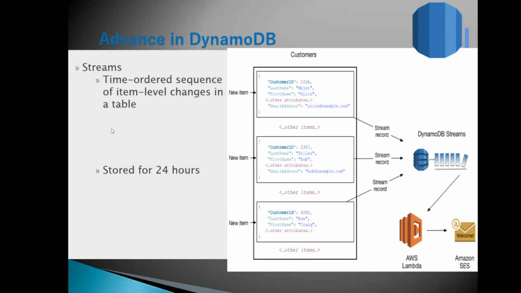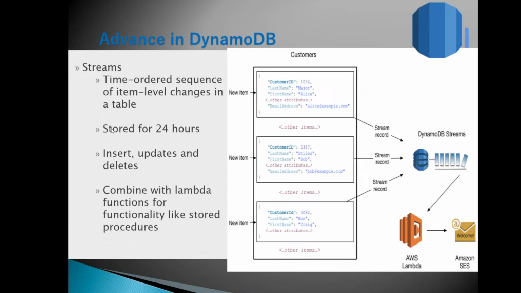That information will be stored for the next 24 hours, and you can create an alert or notification, or perform some action on the basis of what table or record has been deleted or updated. So the change in your table is captured and stored for 24 hours. That is the DynamoDB Stream.